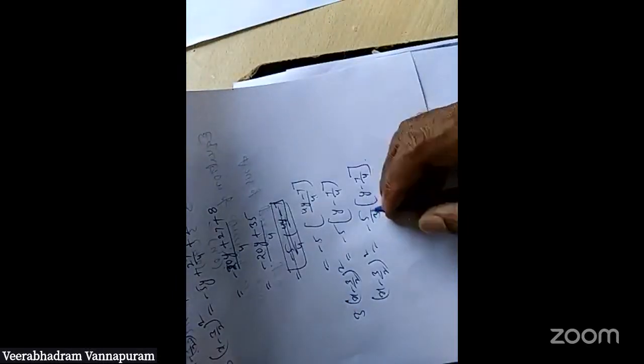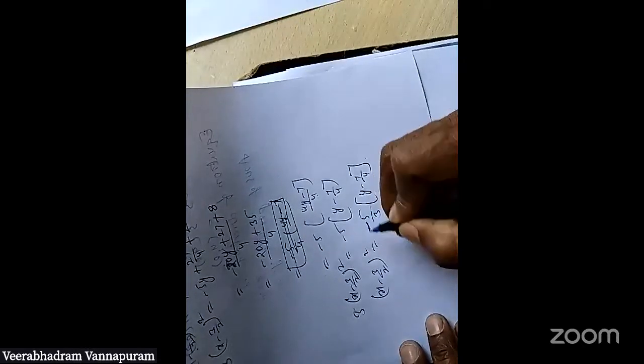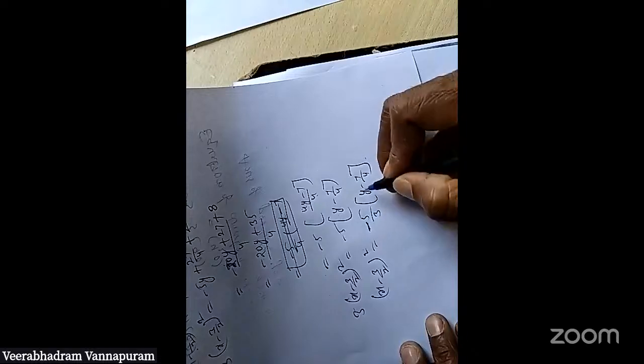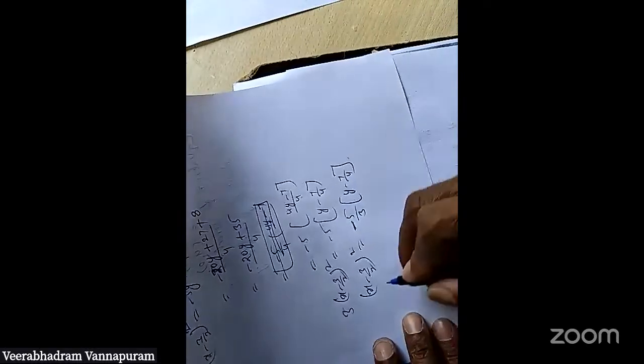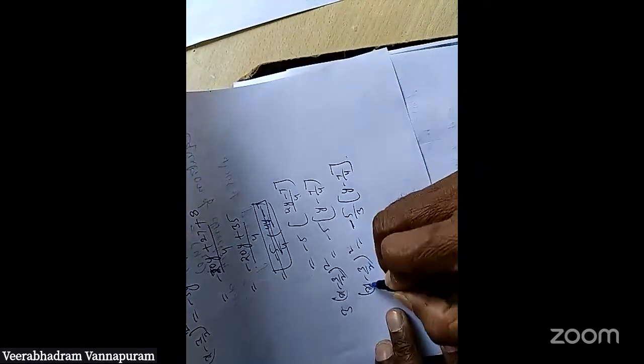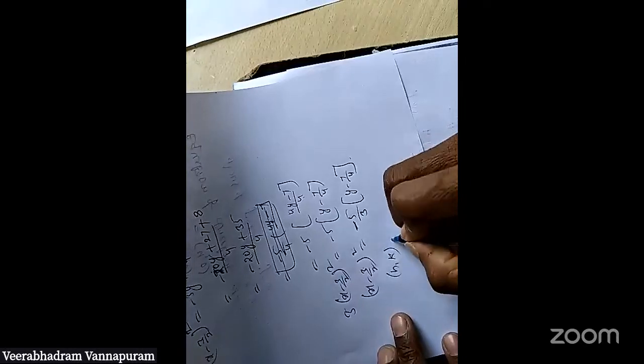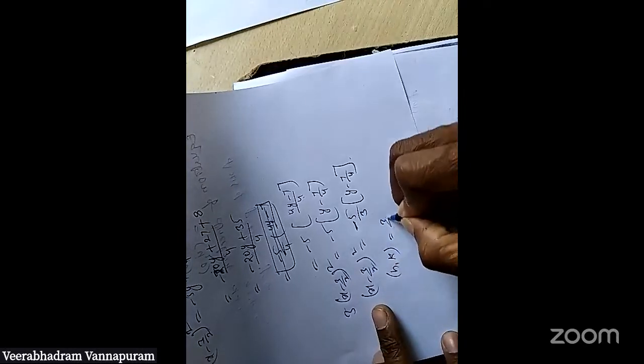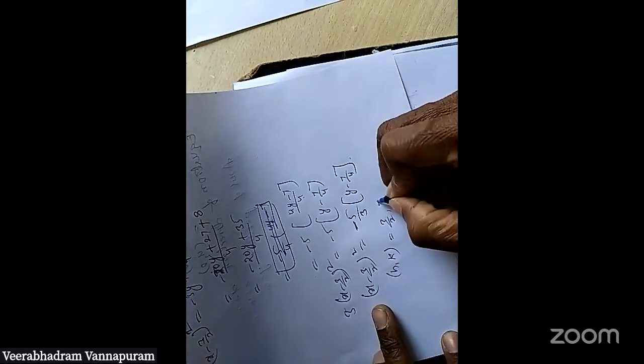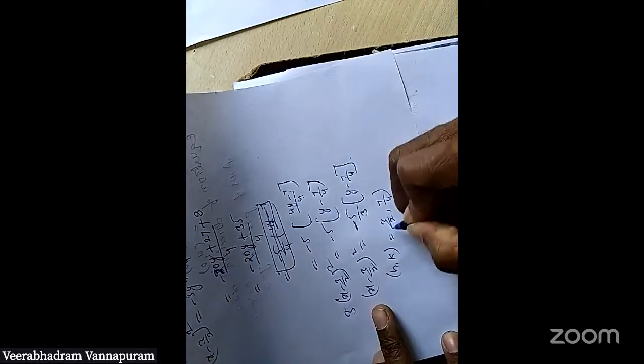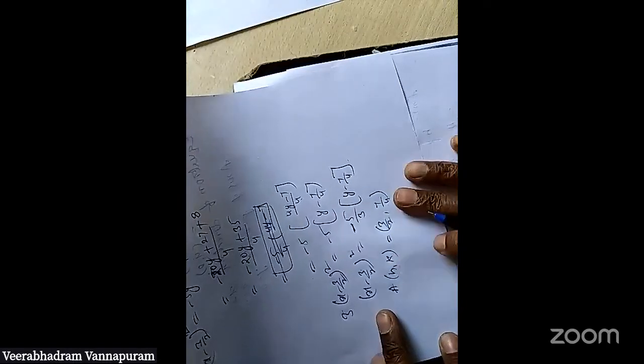Now we compare with the standard form: (x − h)² = −4a(y − k). So h comma k, the h value is 3/2 and the k value is 7/4. So this is the vertex A.